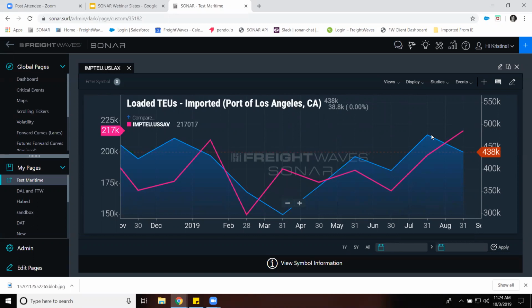If you see, like in early August, I was seeing that Savannah was going to have their best month ever for loaded import TEUs, and I was tracking that, and they did. So I was able to see that about halfway through the month. So these trends, when you're counting import shipments, if you're interested in where the volumes are, in the truckload market specifically, we're seeing a lot of volumes start to gravitate closer to the ports, specifically East Coast ports, in e-commerce, the trade war.